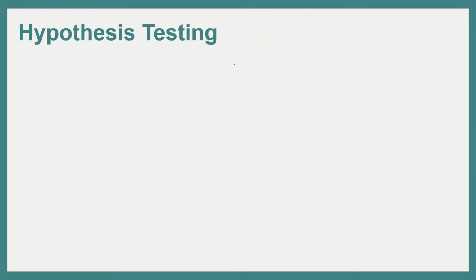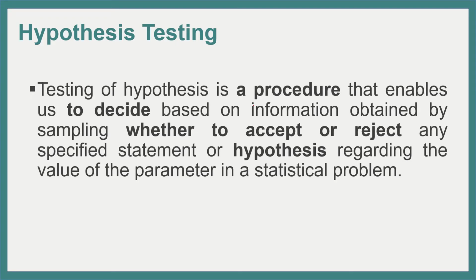On the other hand, hypothesis testing is defined as a procedure that enables us to decide, based on information obtained by sampling, whether to accept or reject any specified statement of hypothesis regarding the value of the parameter in a statistical problem. So this is a procedure that helps us decide whether to accept or reject our null hypothesis.